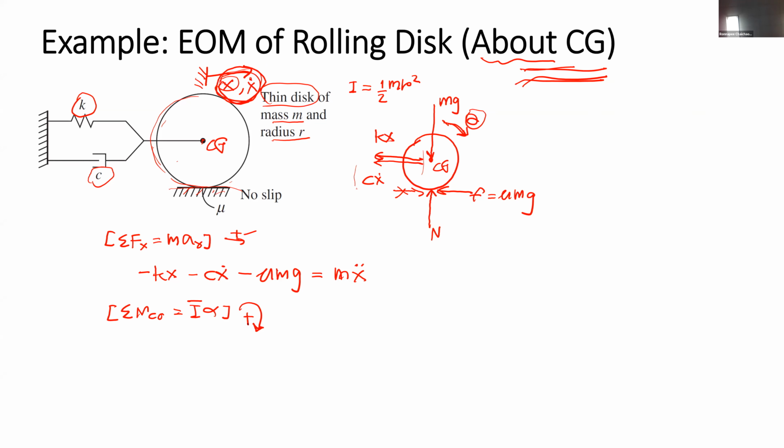So if we sum the moment about the CG, mg passes through the CG. Normal force also passes through the CG. The spring force and the damping force are connected to the CG, so they do not generate moment about the CG.